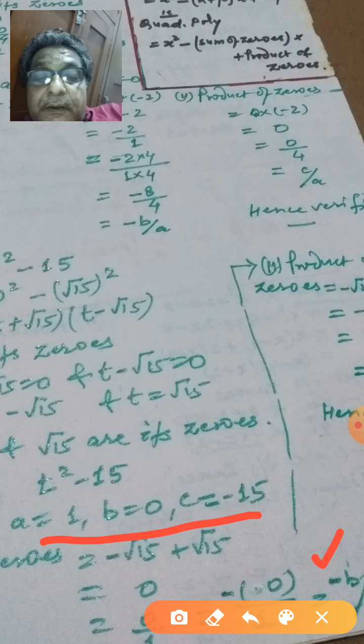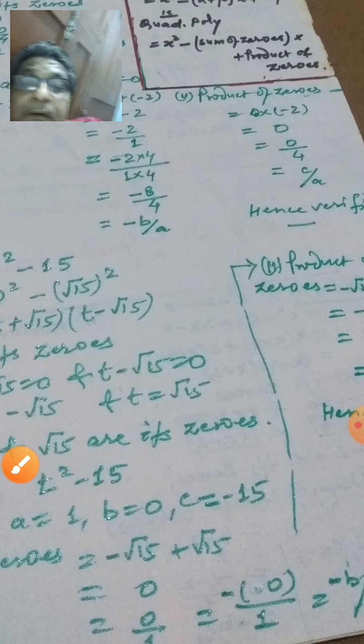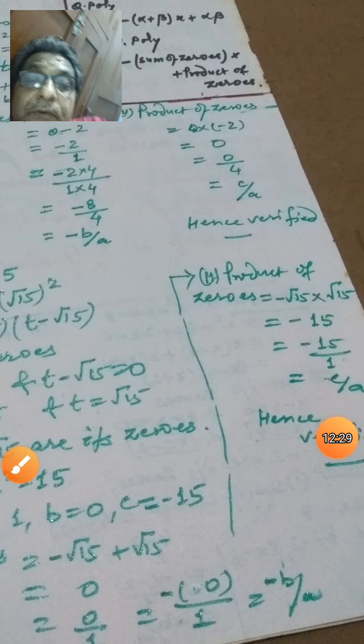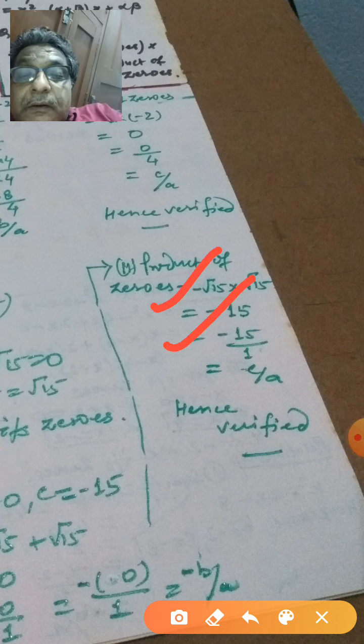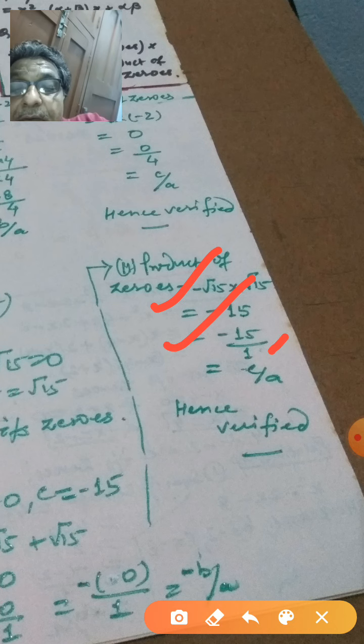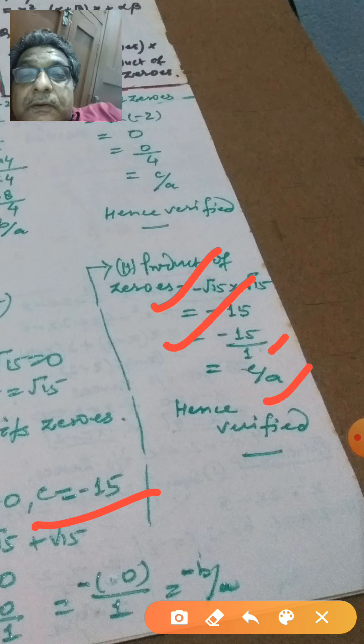Now for the product of zeros, we take the product of the two zeros, minus root 15 into root 15, which is equal to minus 15, and that is minus 15 by 1. If we compare from here, you will get c by a, which should be the product of zeros.